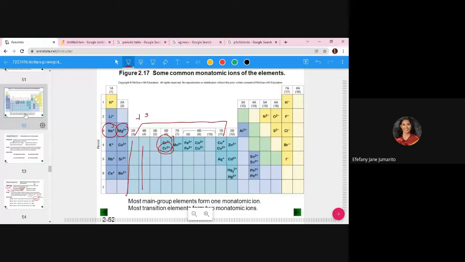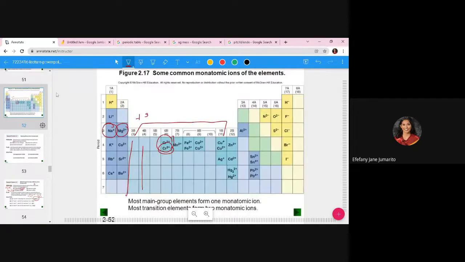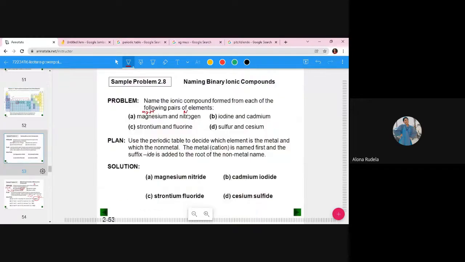Magnesium, positive 2. Okay, so you also take note when you write, write the charges. Then we have nitrogen. What is the charge of nitrogen?